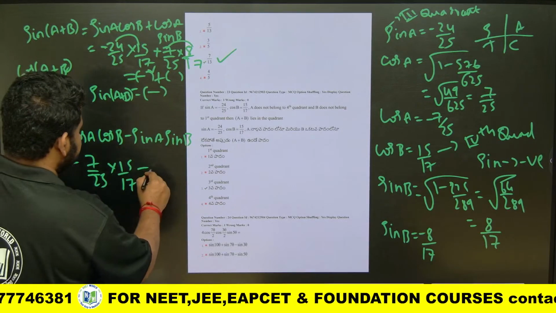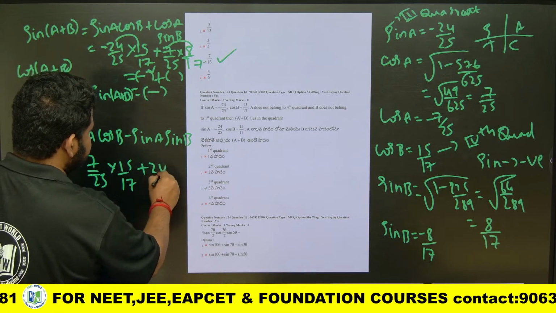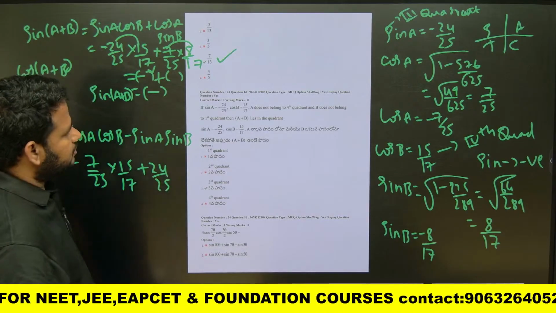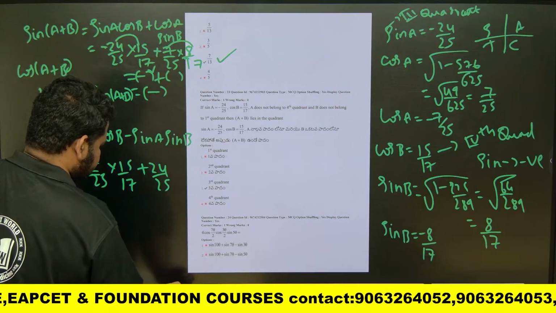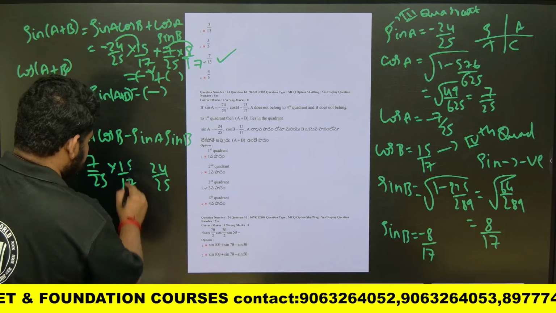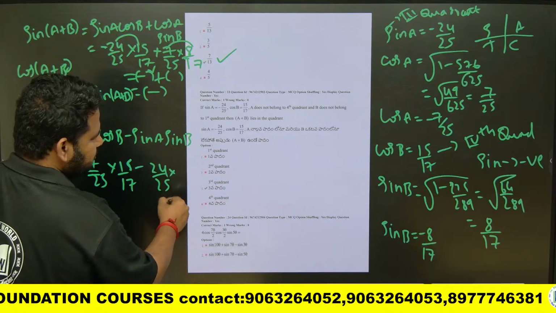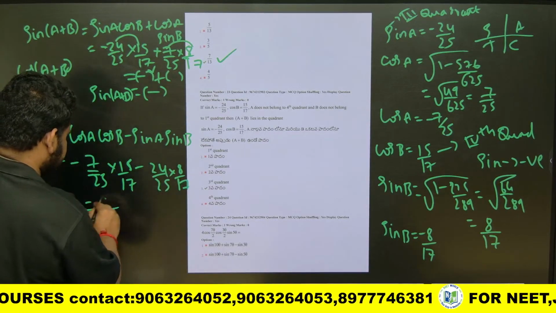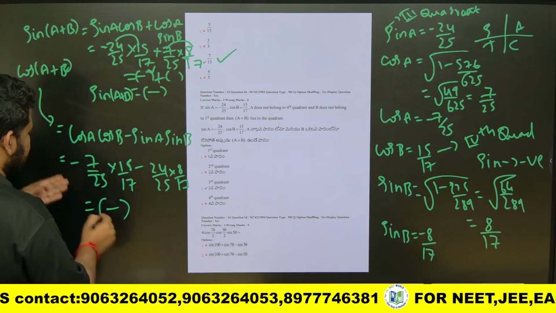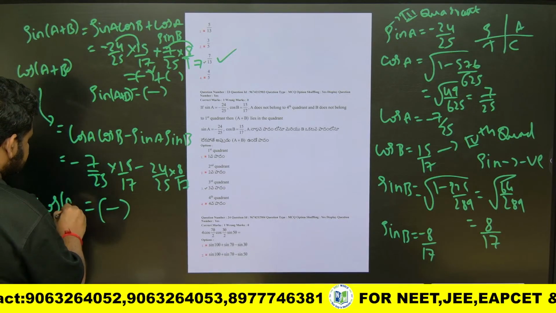Sin A is minus 24 by 25. This will become plus minus 24 by 25. Okay, sin B is minus 8 by 17. So this again will become negative itself. So this will become what? 8 by 17. So negative minus negative will give us negative itself. So cos of A plus B is also negative. Cos of A plus B is also negative.